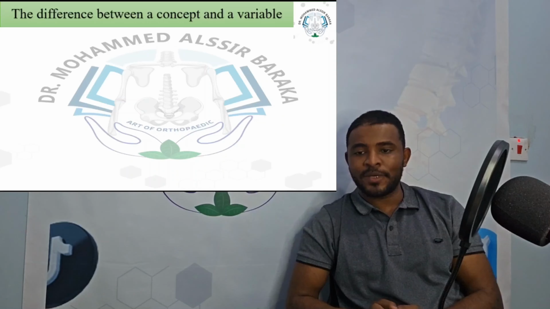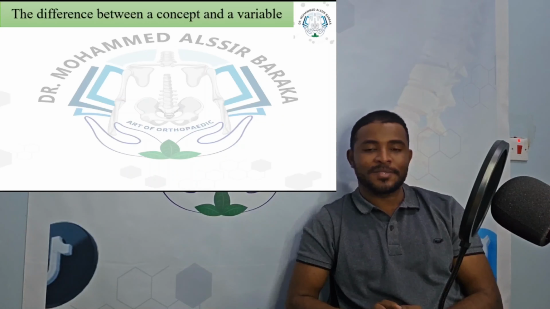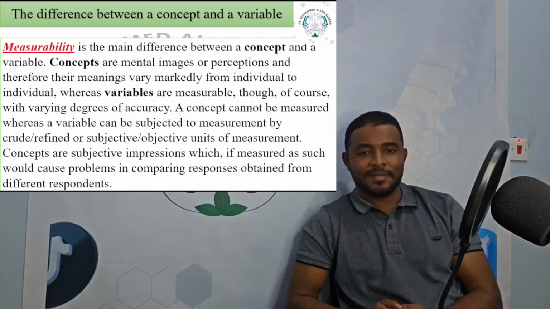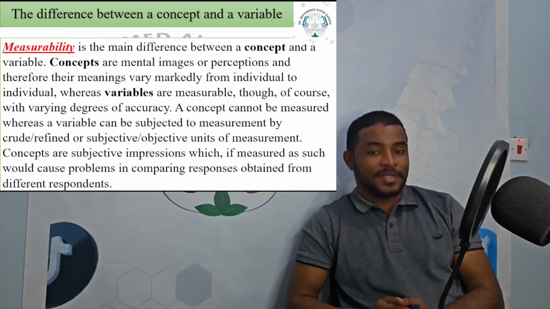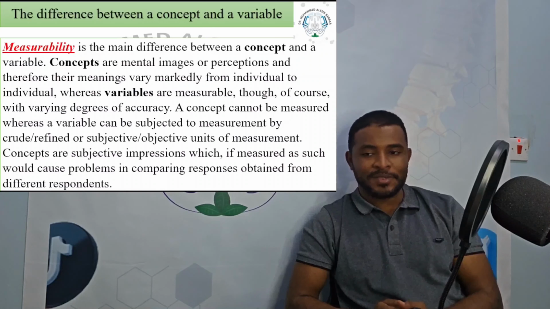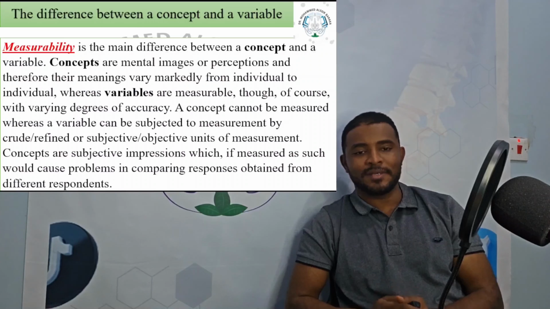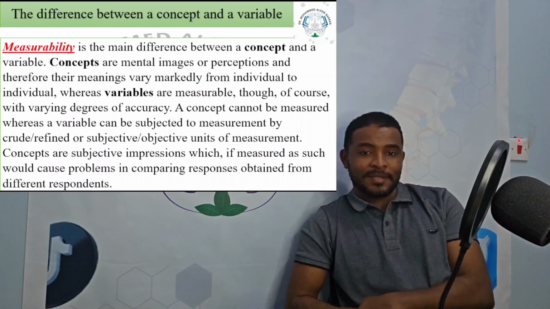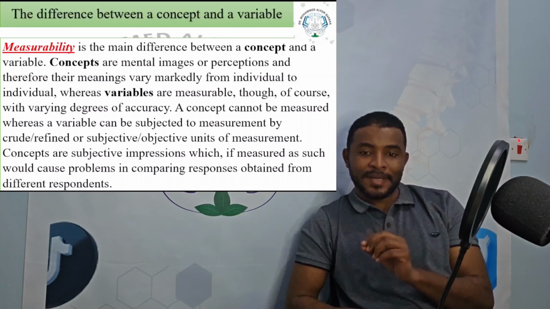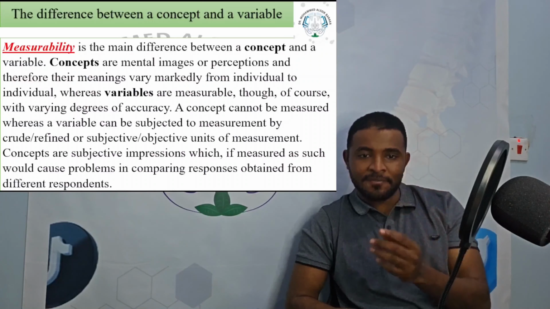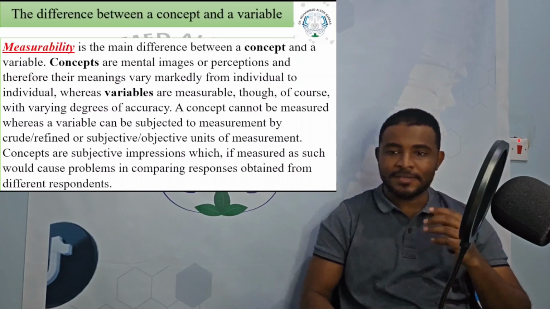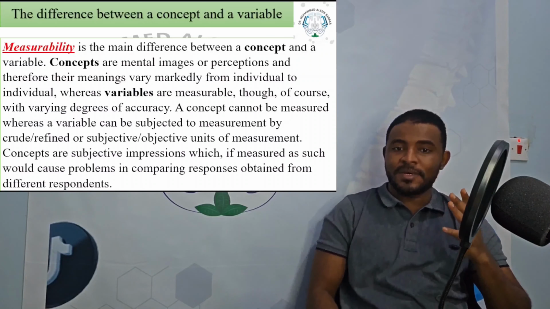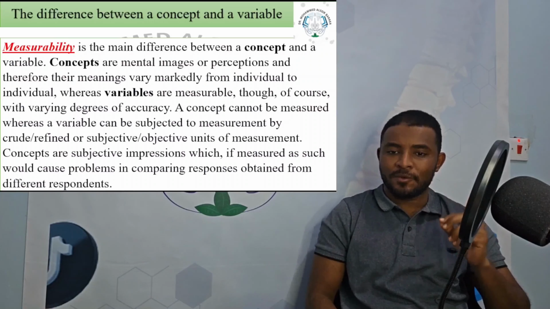What is the difference between variables and concepts? The first difference is measurability, because concepts cannot be measured, but variables should be measured. Concepts are mental images or perceptions, and therefore their meanings vary markedly from individual to individual, whereas variables are measurable, of course with varying degrees of accuracy.